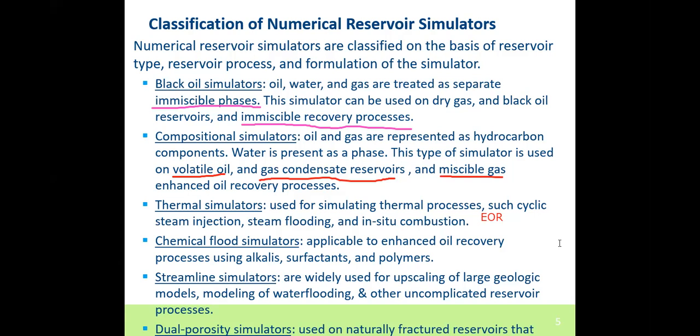For streamline simulators, that's a different ballgame entirely. It's a simplified form. So the reservoir is treated in form of tubes.